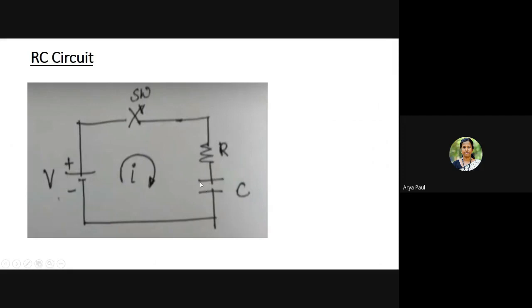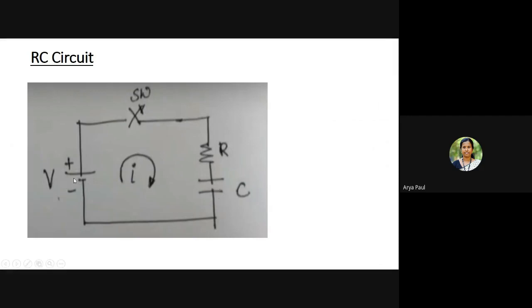As it won't accept a sudden change, the voltage across the capacitor will still be 0, even though we are suddenly applying a voltage. Instantaneously, the capacitor voltage cannot change. So at time t equal to 0, the voltage across the capacitor will still be 0.